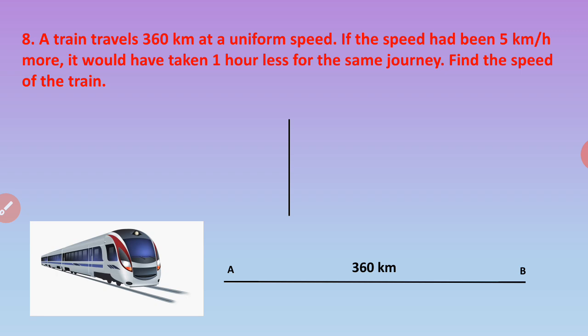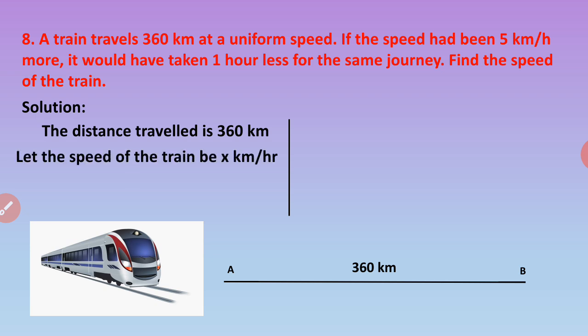Okay, so let us start with the solution. We'll consider the speed of the train to be some x kilometer per hour. The distance travelled is 360, and it will remain the same. Let the speed of the train be x kilometer per hour.